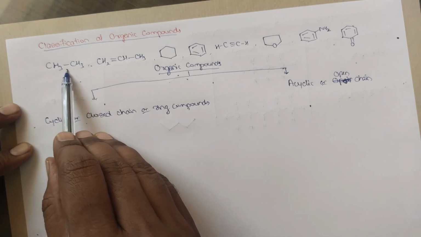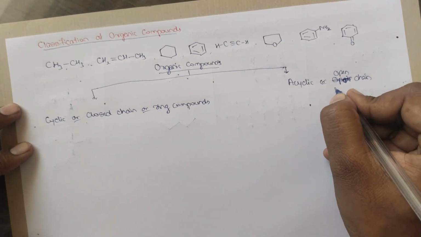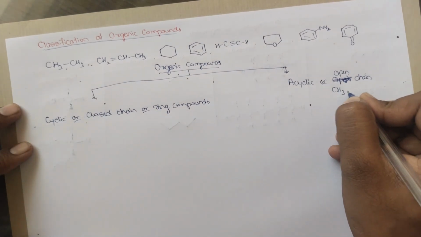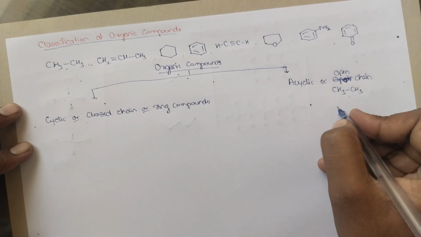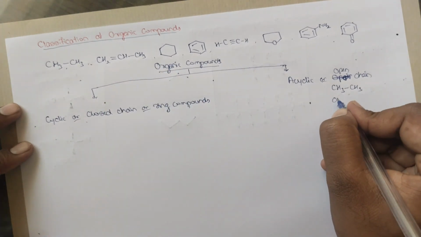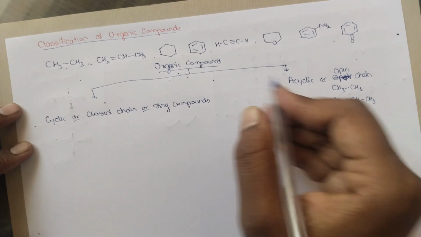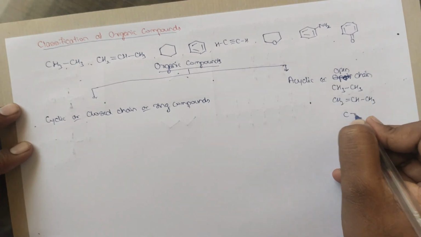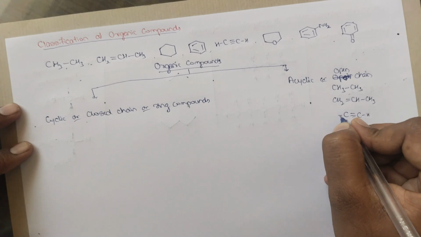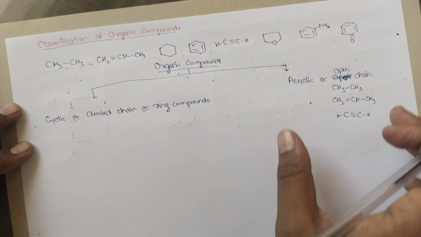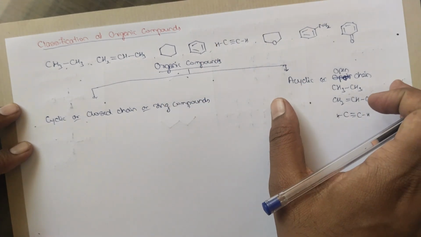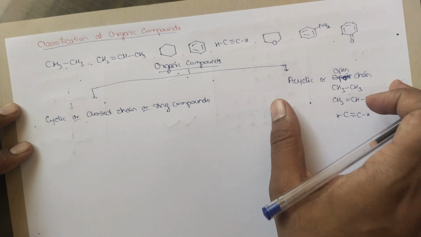This is also open, this is also open, CH3, and this is also an open structure, CH2 double bond CH3. This is also open, having a triple bond. These come under the cyclic or open chain classification.